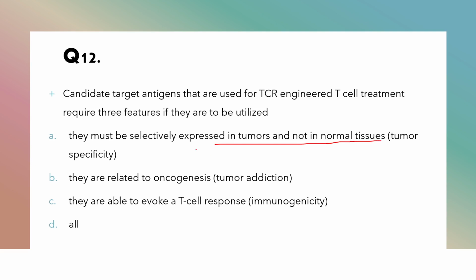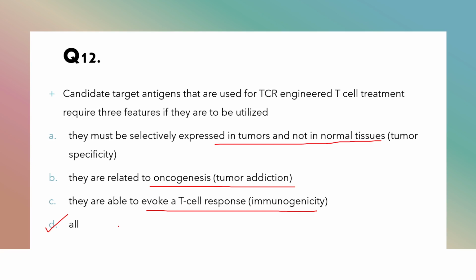We want the engineered T cell treatment to be specific for tumor cells, not normal tissues. Okay. Next, they are related to oncogenesis, tumor addiction. Next, they are able to evoke a T cell response, that is immunogenicity. So these three things are important for your T cell engineering to be highly effective and successful. Fine. So your option will be all.